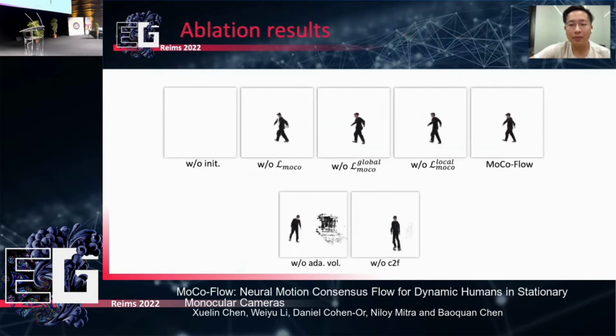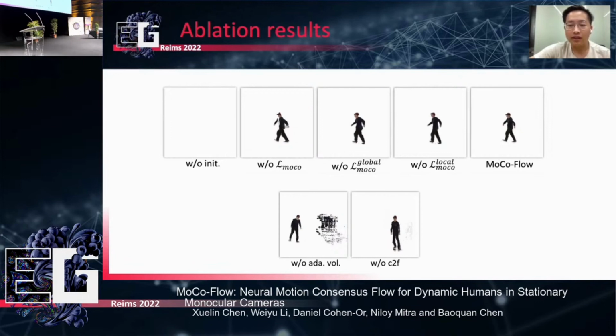We conduct experiments to compare against several variants of our method to evaluate the contribution of each component. Without the dedicated initialization step, the optimization completely failed, producing meaningless blank novel view imagery.